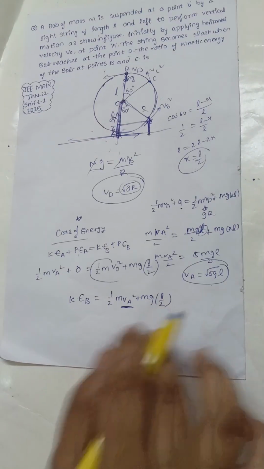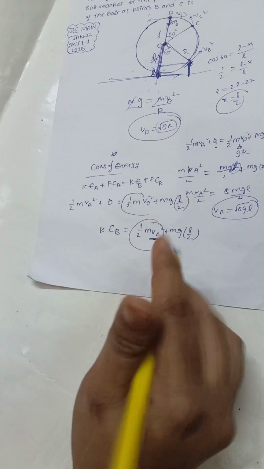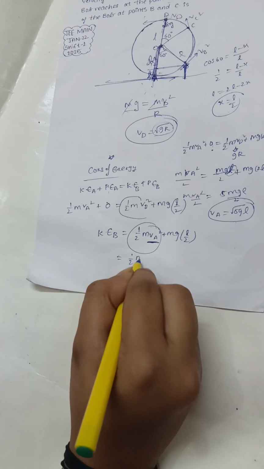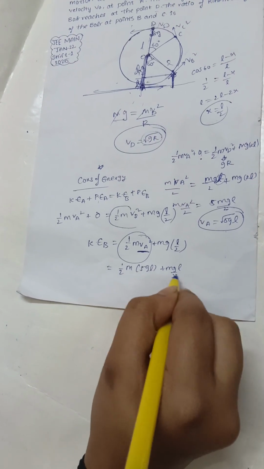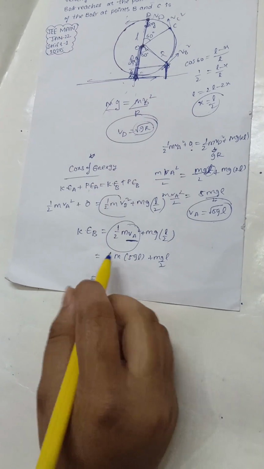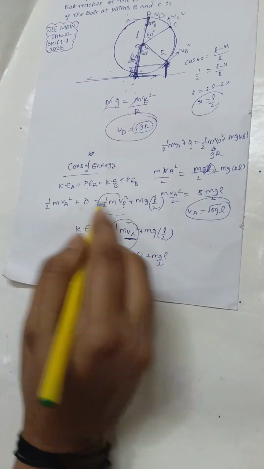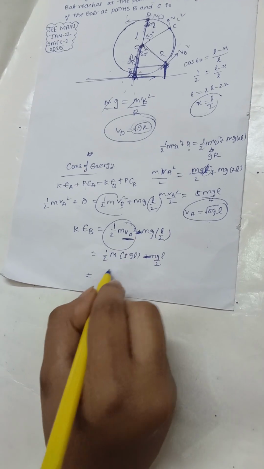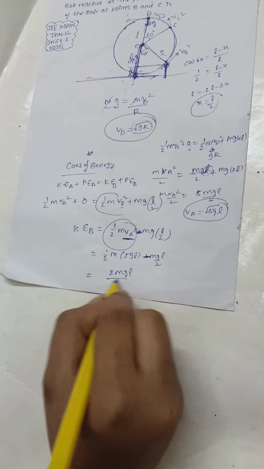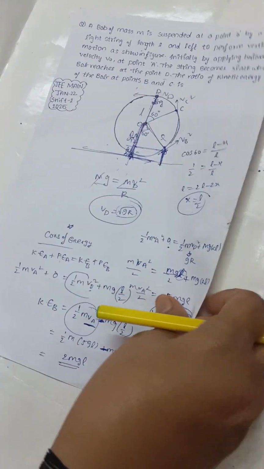Put this in our previous equation: half m 5gL minus mgL by 2. Sorry, this was a minus, right? Now that gives 2 mgL.